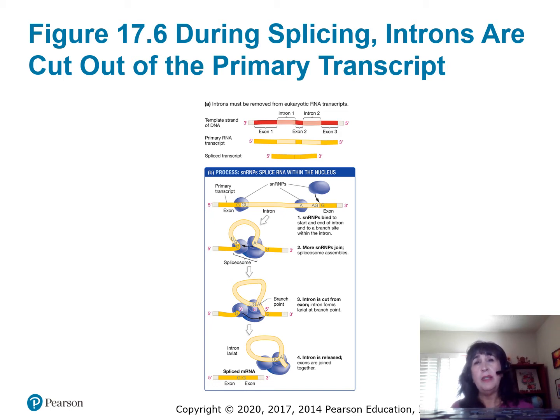But then notice that the mature piece is a solid yellow. So the light yellow from the non-coding regions is spliced out. And this is done with the snRNPs down below. The snRNPs act as molecular scissors. How they do this is they form a loop and then they excise the loop. So all that's left are exons and all the introns are deleted.